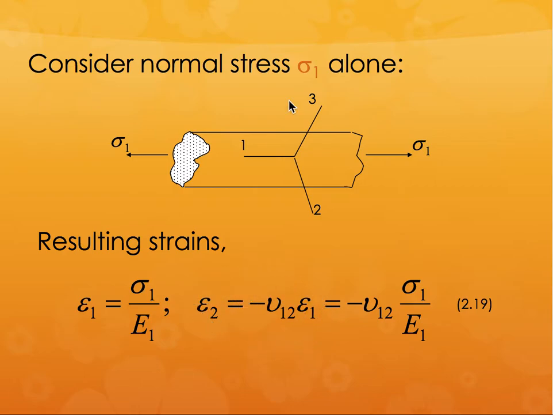Epsilon 2, in the second direction, you can write in terms of negative Poisson's ratio nu 12 times epsilon 1, or in terms of sigma 1 over E1, the modulus in direction 1.